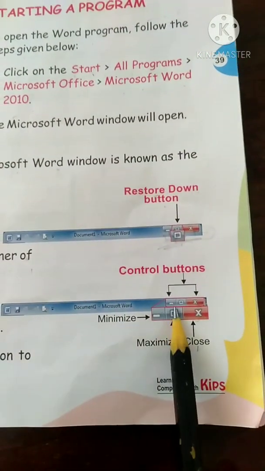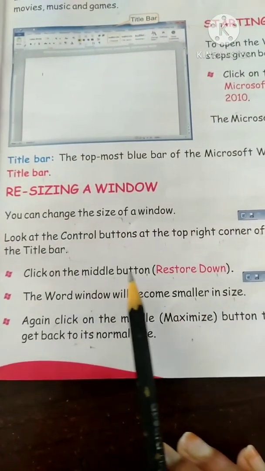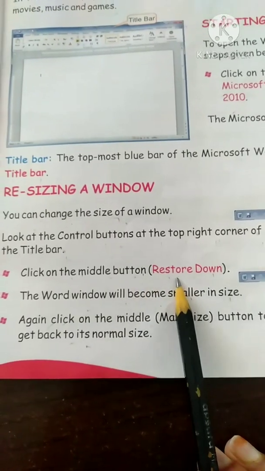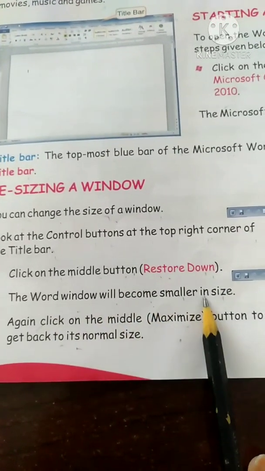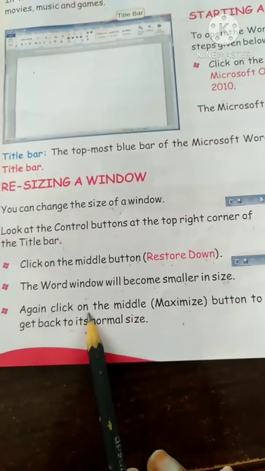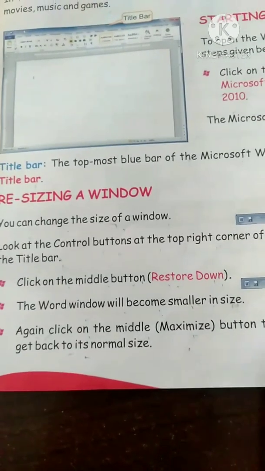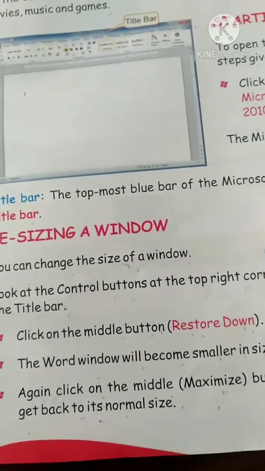The close button, the middle button is maximize and this button is minimize. Click on the middle button, the restore down button. The Word window will become smaller in size. Then again click on the middle maximize button to get back to its normal size.